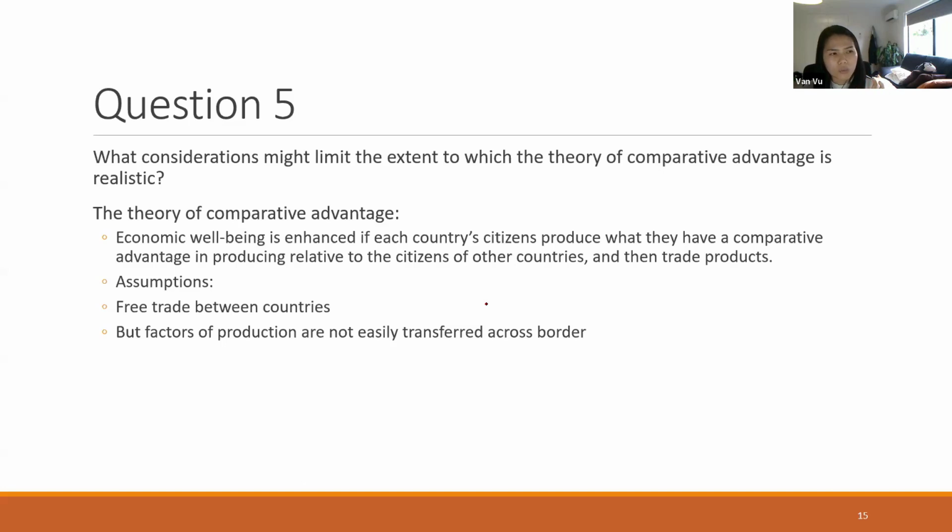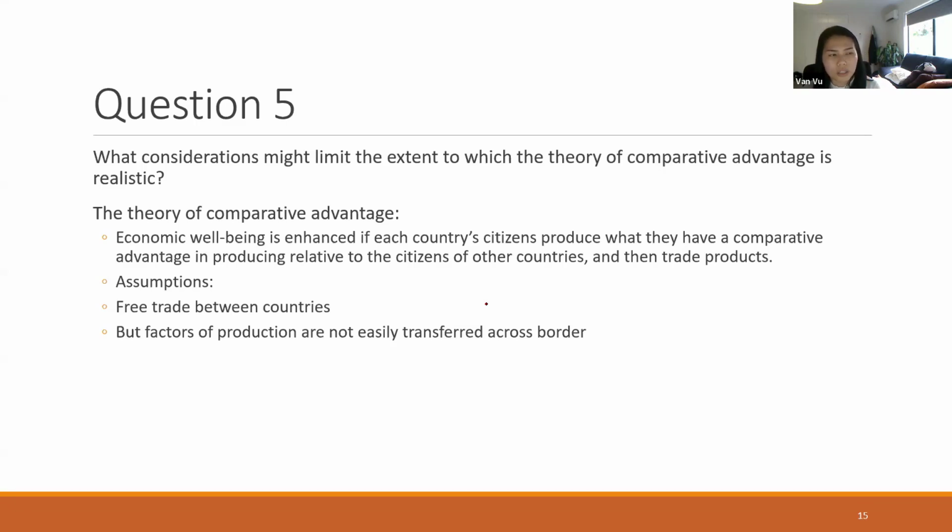So because we are the most efficient at producing the goods that we specialize in, when we trade, we will share the economic welfare between the two countries. So we will share the cost savings between the countries.